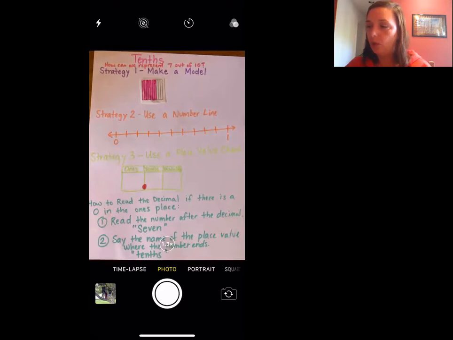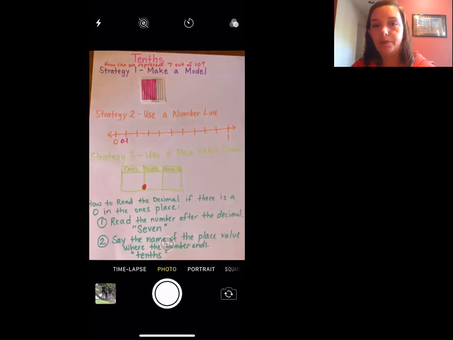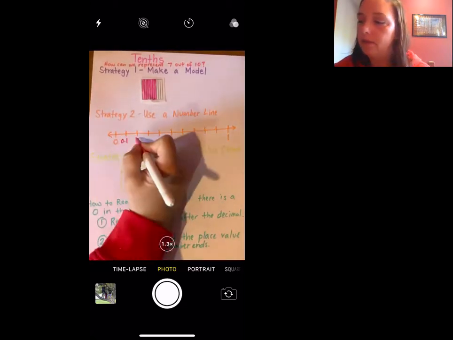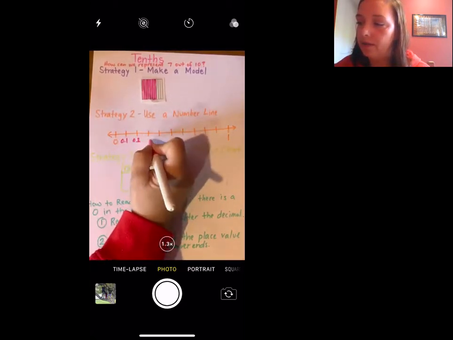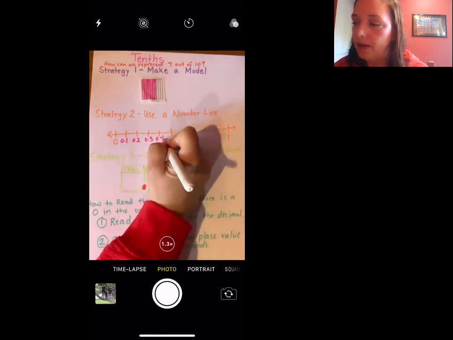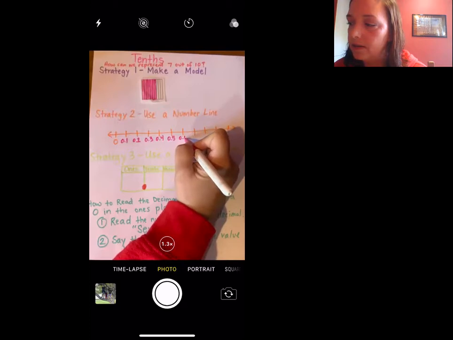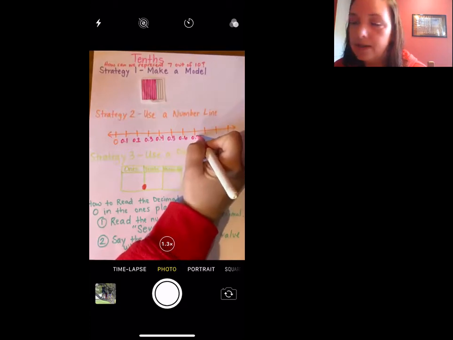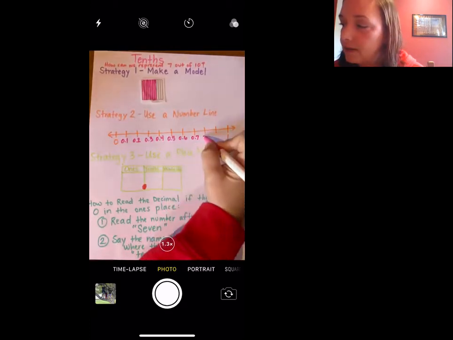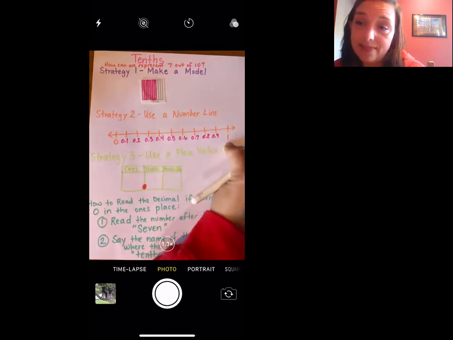So this part of the number line as a decimal would be 1/10, 2/10, 3/10, 4/10, 5/10, 6/10, 7/10, 8/10, 9/10, and then 1 whole would be 10/10.